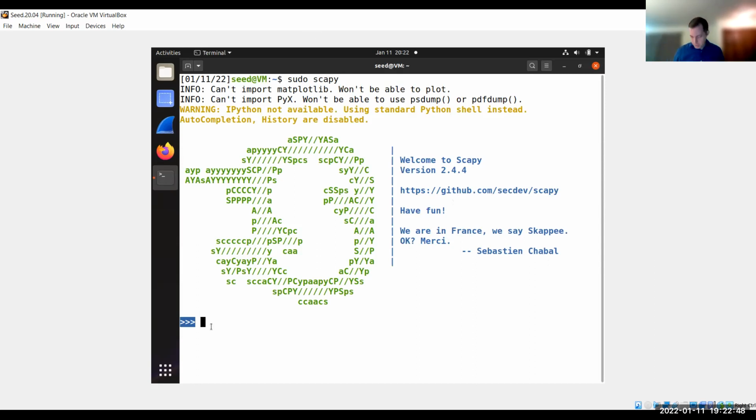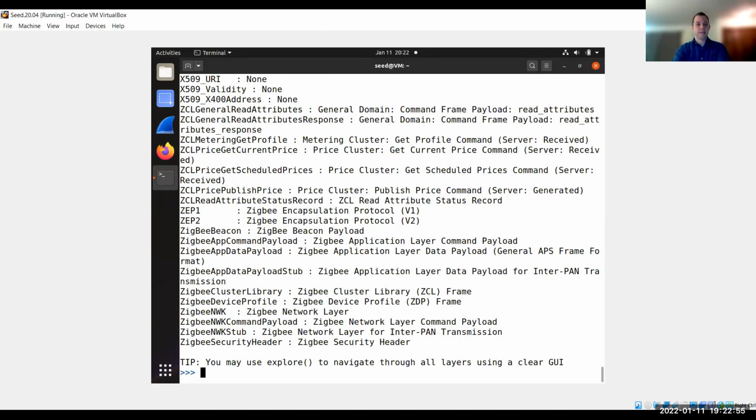Okay. So if you want to just list things that are available for Scapy, you can do something like that. A lot of this, you see like the SIGB and everything like that. So it's very much a network sniffer and spoofing tool, I guess.